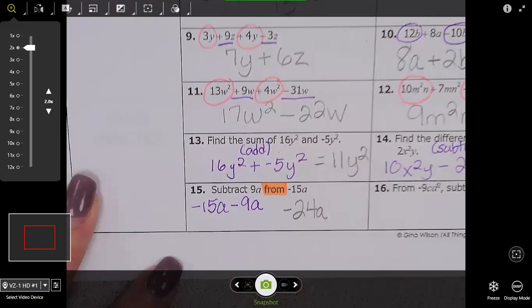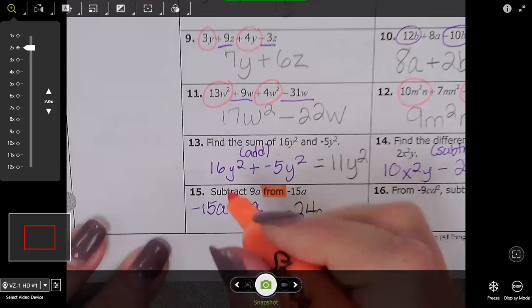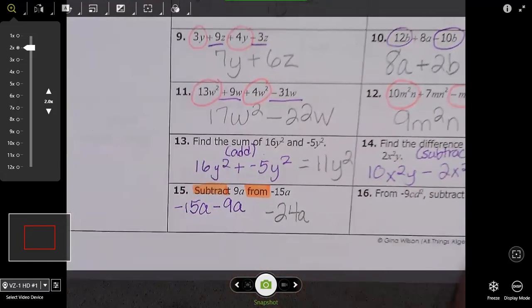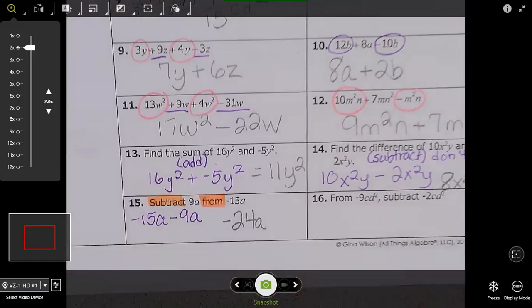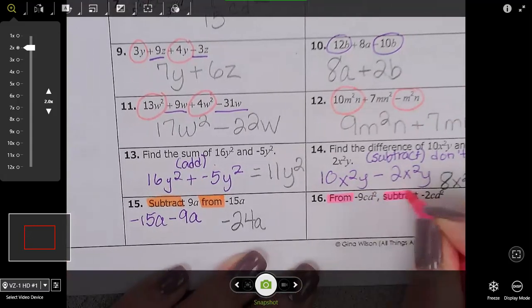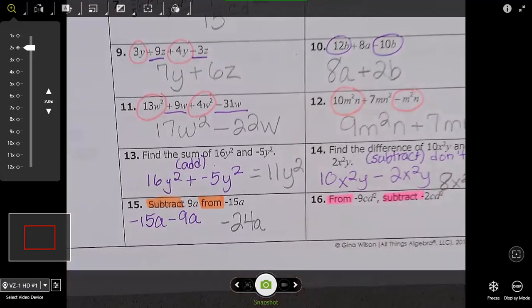But remember, this says subtract from, and let me highlight my word subtract. Okay, this one doesn't say that, even though it has the same words. This says from subtract. From subtract. So it says from this number, take away that.